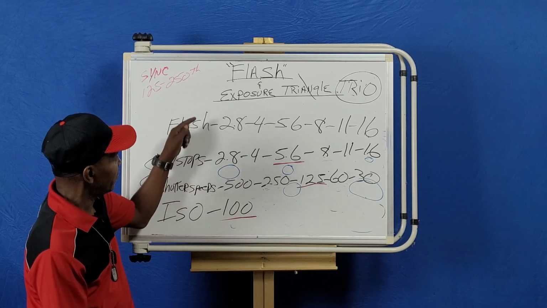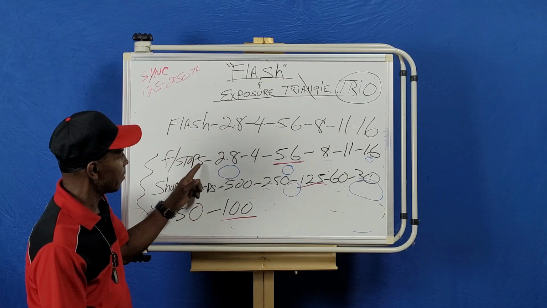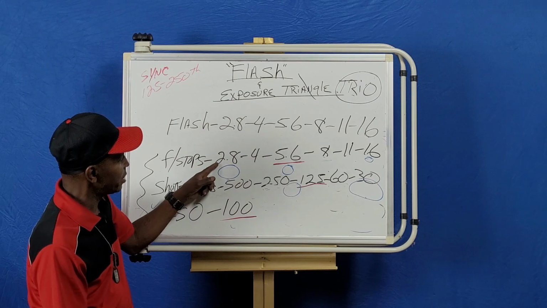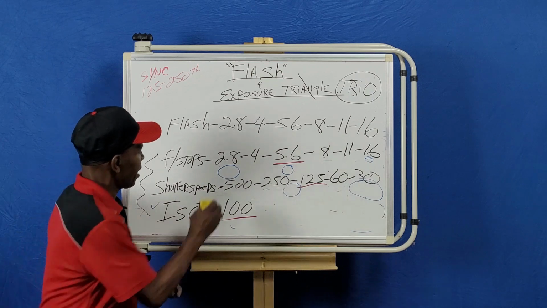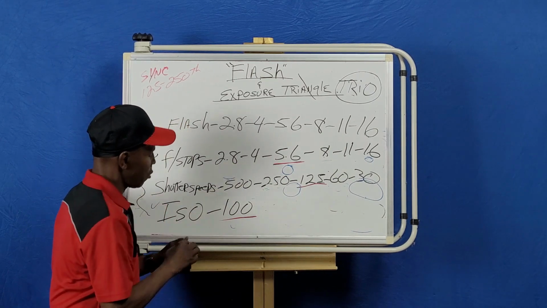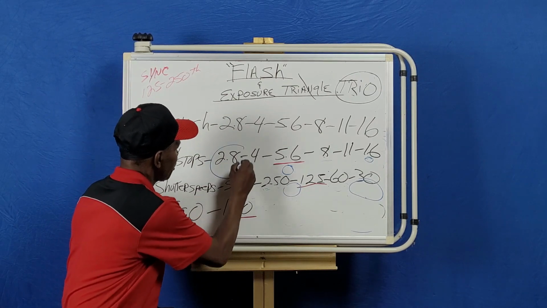So to understand flash, let's look at it like this. Let's go over f-stops quickly here. So 2.8, small number, larger opening. And I like to make that a lot larger so you can see that it is a large opening.